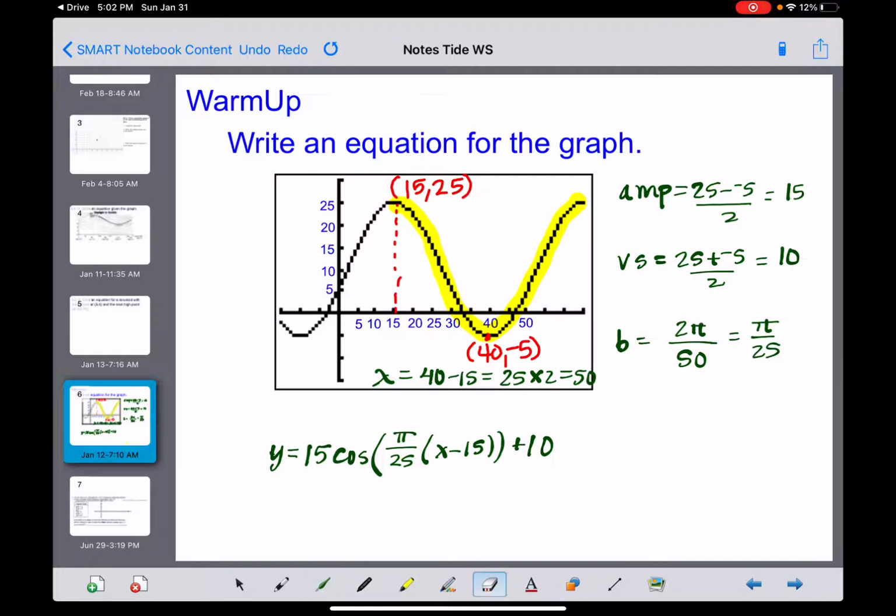If you had 2 pi over 25, then that's your error there. Then I shifted it right 15, and then it had the vertical shift of 10. You could have done a negative cosine graph, negative 15 cosine and then x plus 10. That would have worked. That probably would have been the easiest for those.